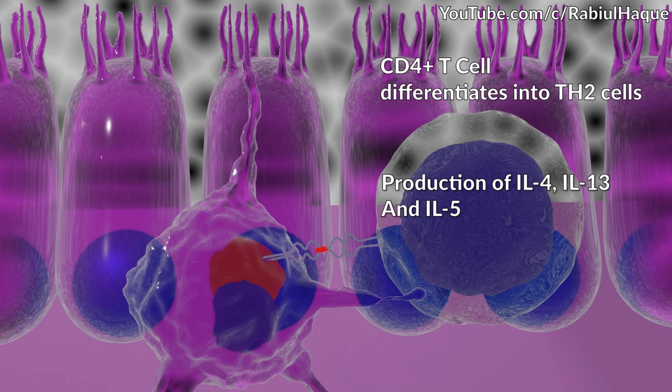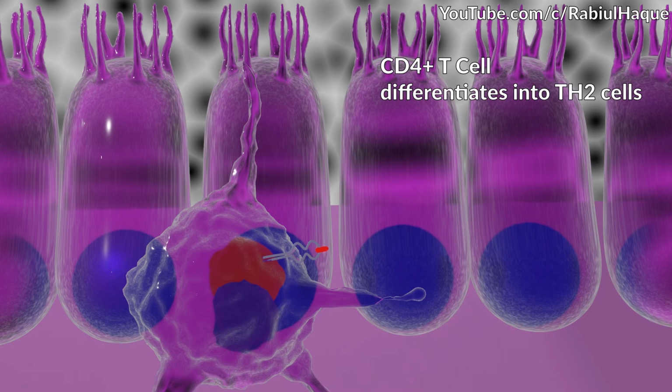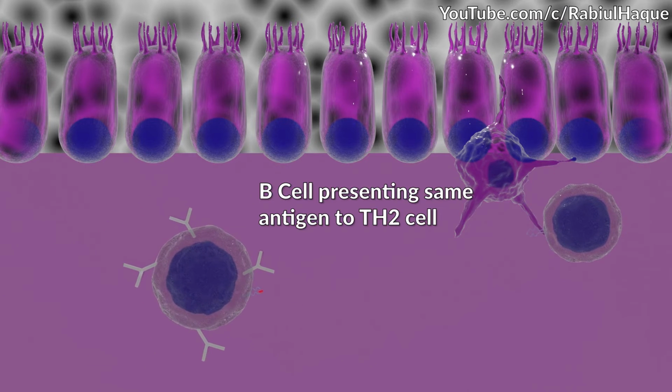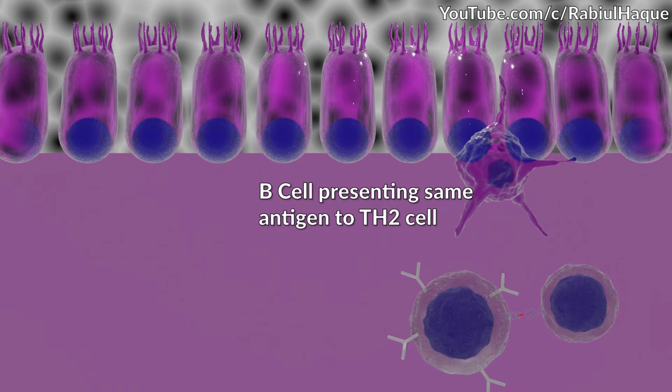So what do we mean by that, immunoglobulin E class switching? In order to understand that, now let's look at the animation, and now we can see that the same antigen is now presented to the T helper 2 cell, but this time not by dendritic cell but by B lymphocyte. Recall that we had said 3 cells are in the category of antigen presenting cells, and they were dendritic cells, macrophages, and B lymphocytes.